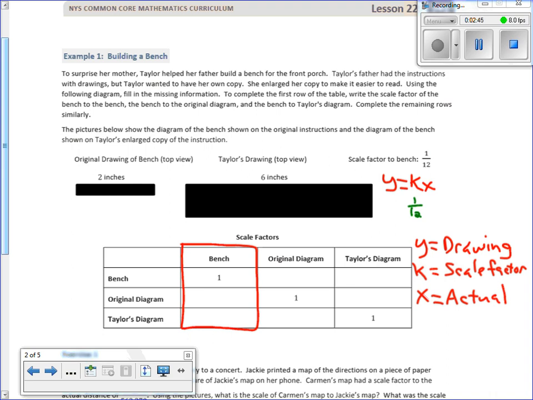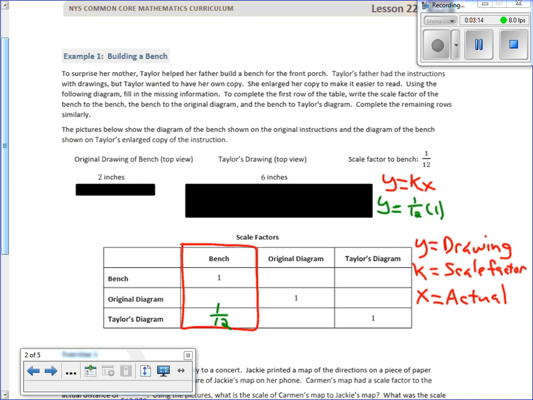We were given the actual bench. So the bench is actual, that's x, so that's going to go here. All right? So y equals 1/12. That's Taylor's diagram. So that's going to go here.